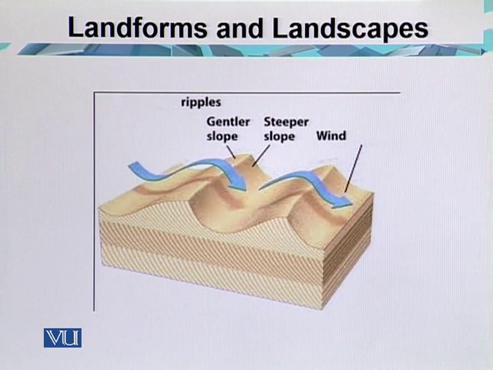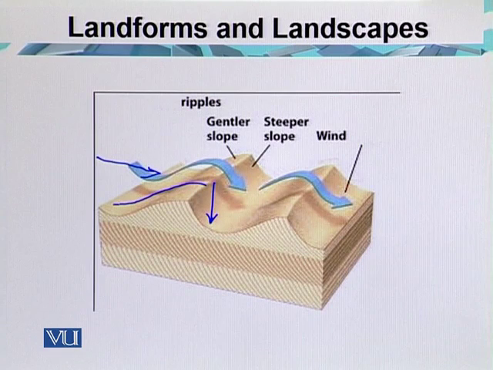In this diagram, the wind is coming from one of the areas of the deserts. So the windward side is in a gradual slope, but the leeward side is a steeper one. So this actually is the process in the making of the landform in the desert type of environment.